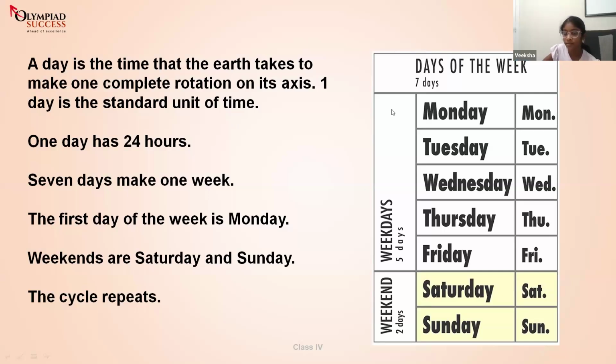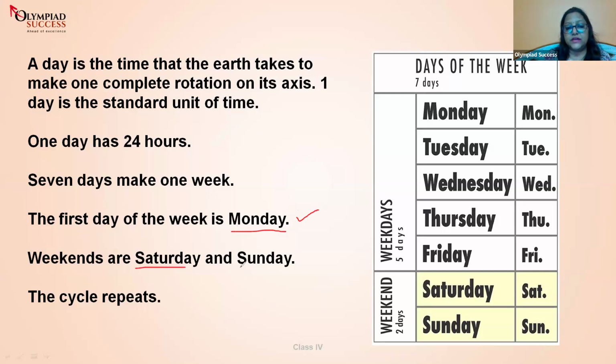Yes. Okay, thank you. Now here you can see what they are saying, that one day we have 24 hours. 7 days makes 1 week, which we already discussed, right? Next, the first day of the week is Monday.